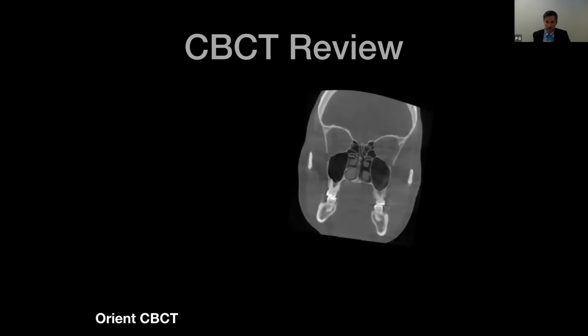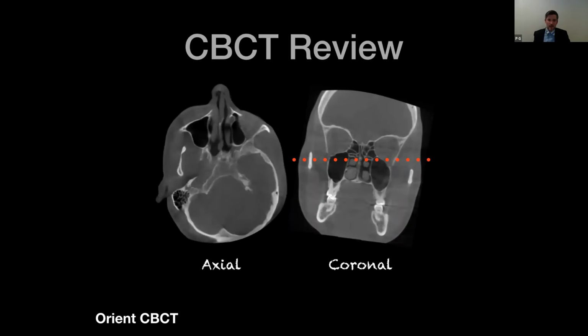And likewise, let's look at this coronal view. If we slice the patient at this level, let's look at what that would look like in the axial view. So here's the axial slice taken at this level. And again, we can see maxillary sinus here. It looks much smaller on that side. We don't have the ability to compare right and left sides at this point.